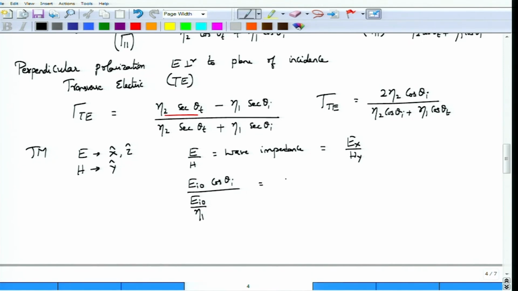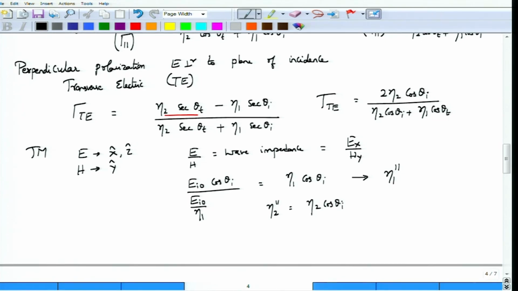Therefore, the wave impedance for the incident as well as for the reflected waves is given by eta 1 cos theta I. Let us call this eta 1 parallel. That double line parallel simply indicates that we are considering parallel polarization or equivalently transverse magnetic polarization. What would be eta 2 parallel? That is the wave impedance for the second medium, which would again be the ratio of Ex to Hy, and this will be given by eta 2 cos theta I, okay.